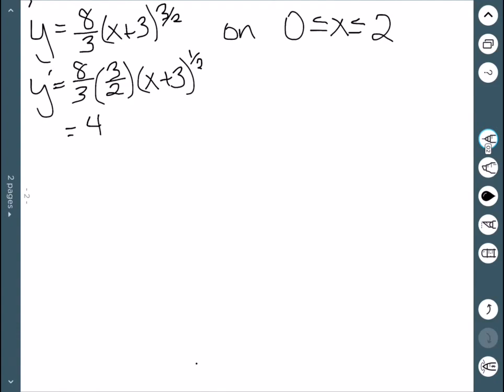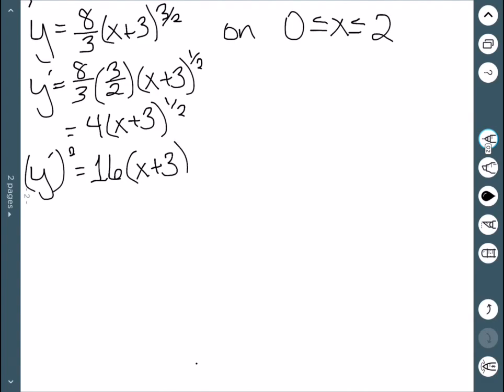This gives us 4 times x plus 3 to the 1/2. The next step is to square this value. If I square, 4 squared is 16, and the square root of x plus 3 squared is x plus 3. Therefore, I have 16x plus 48.